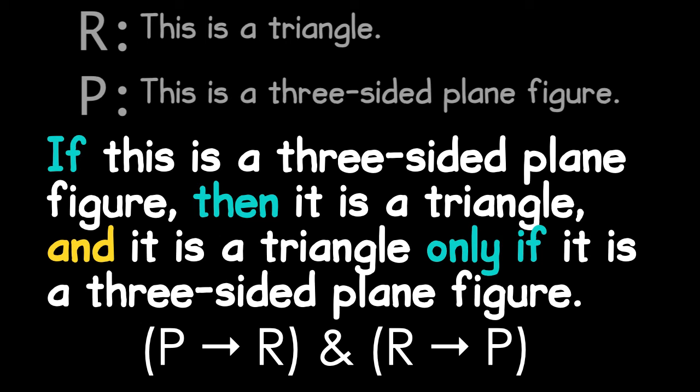So we could translate the sentence using just symbols we already have. We could paraphrase the sentence in this way: If this is a 3-sided plane figure, then it's a triangle. And it's a triangle only if it's a 3-sided plane figure.